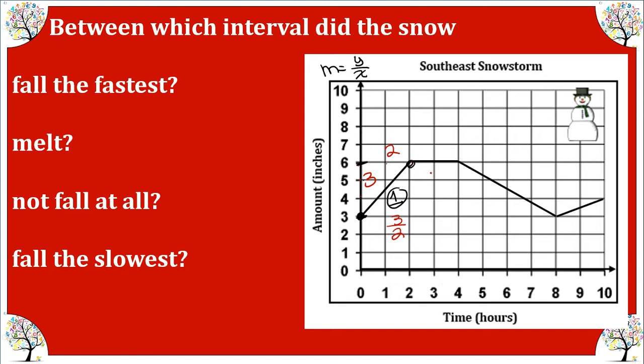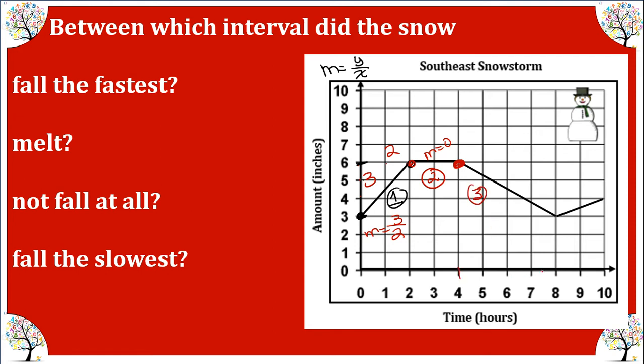Then in interval 2, you can see that we didn't go up or down, it stayed the same. So we have a slope of 0. Then we can see from hour 4 to hour 8, we'll call this interval 3.